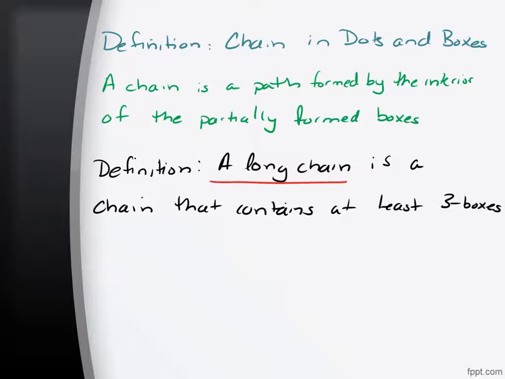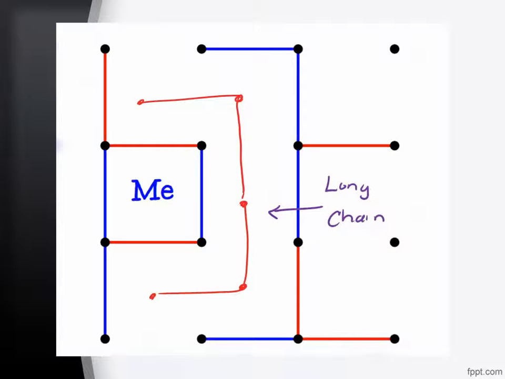A long chain is any chain that contains at least 3 boxes. I found that defined nowhere; I just realized after some time that when they talk about long chains, they mean at least 3 boxes have to be covered. So that's a long chain, the 5. And the other one that I had here is not a long chain. It's only got 2 boxes right over here.